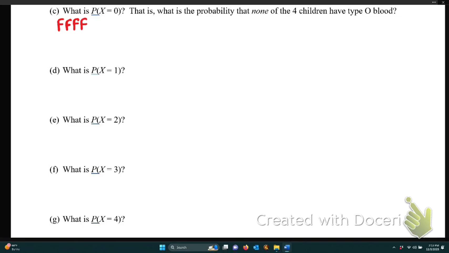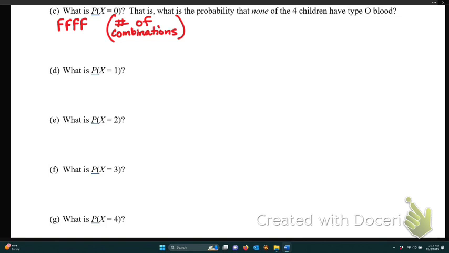Okay? So here's how we calculate the probability. We are going to do the number of combinations. Basically, how many different ways can it happen that I have 4 kids that are failures, don't have type O blood? For this problem, there's only one way that happens.